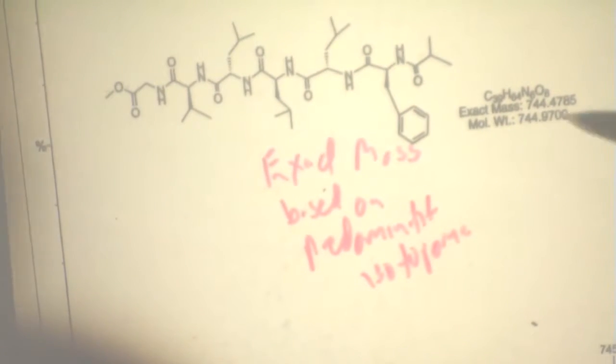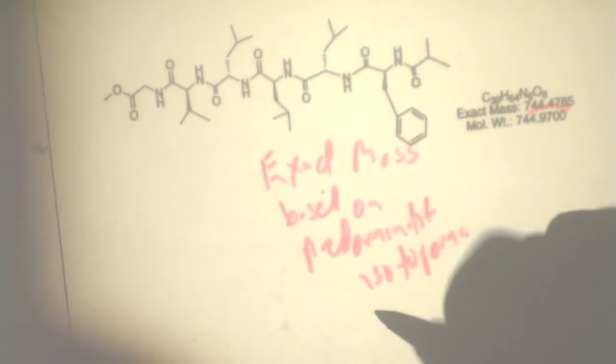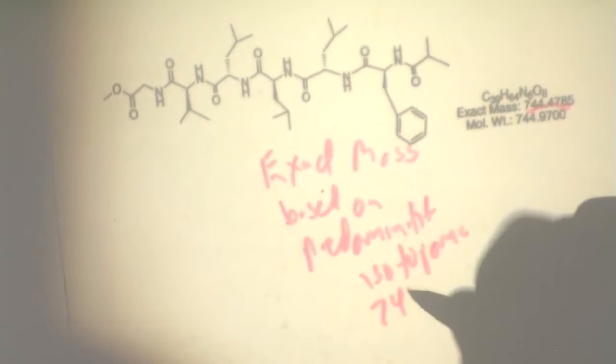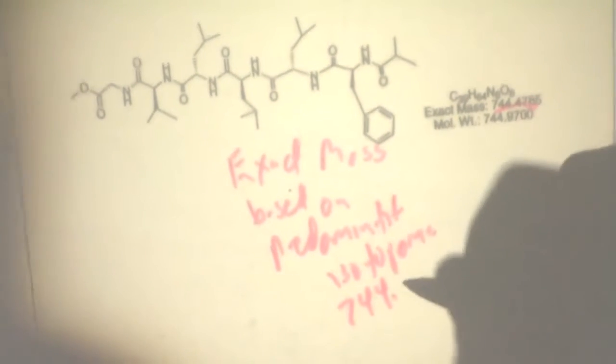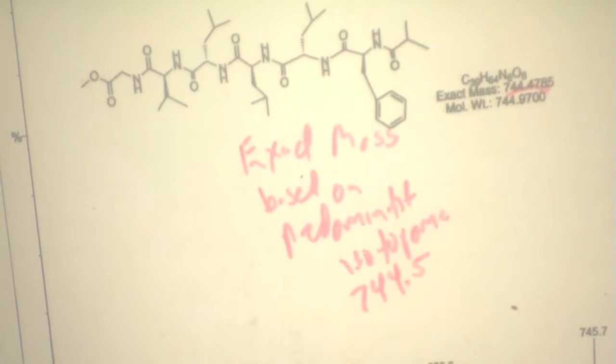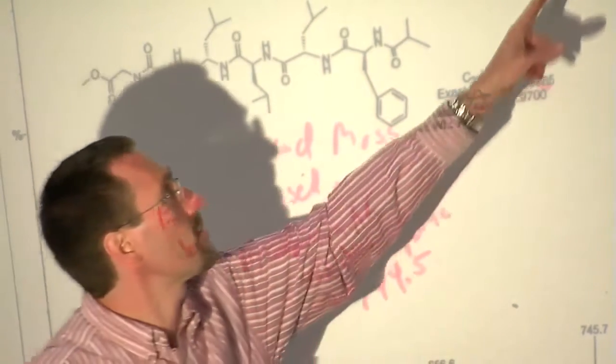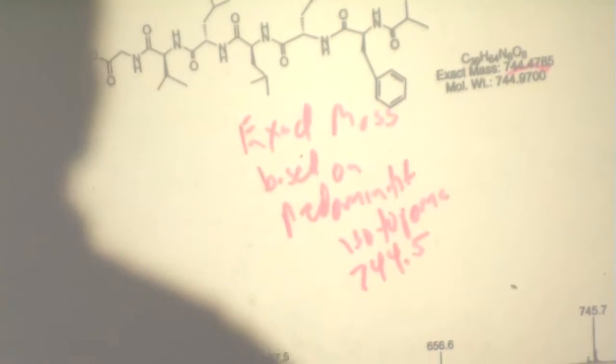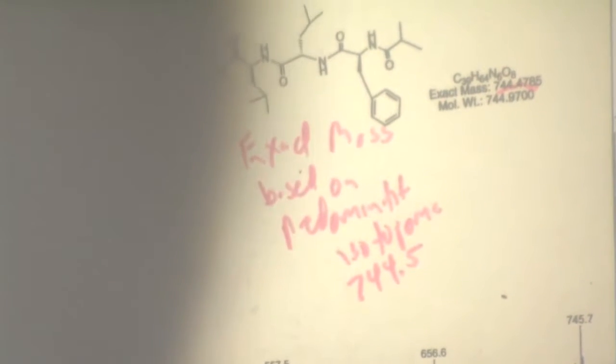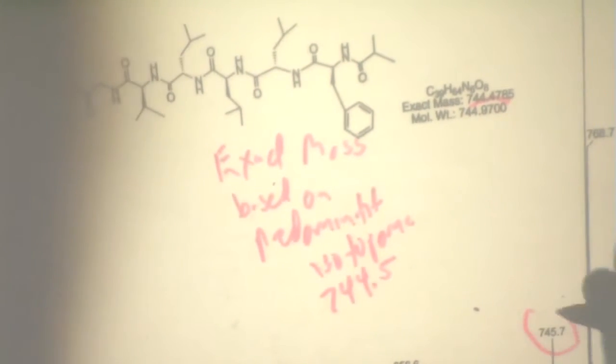The exact mass of this molecule is 744.5. And so if you look at the mass spectrum, the first peak you see here is this peak at 767.6. Here you see a peak at 745.7.